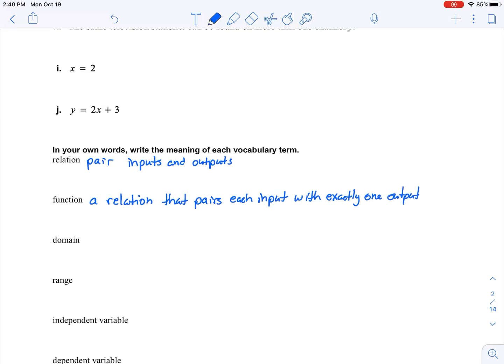Okay. Your domain is going to be all your possible input values. Your range is all the possible output values.